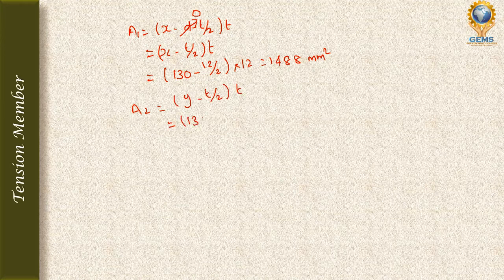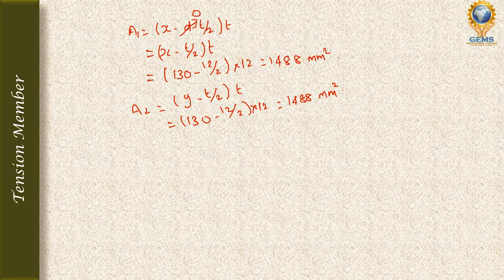So here also (130 minus 12 by 2) into 12, we get 1488 mm square. In the welded connection, if you are using an equal angle section, your A1 and A2 values are the same. But in the riveted connection, if you are using the same equal angle section, your A1 and A2 are not equal to each other.